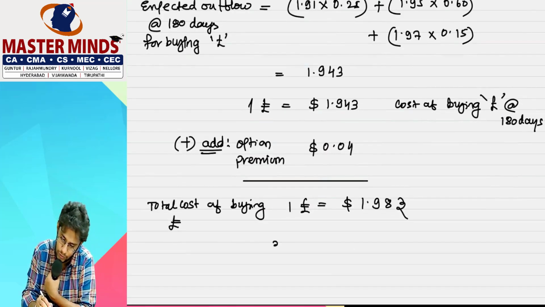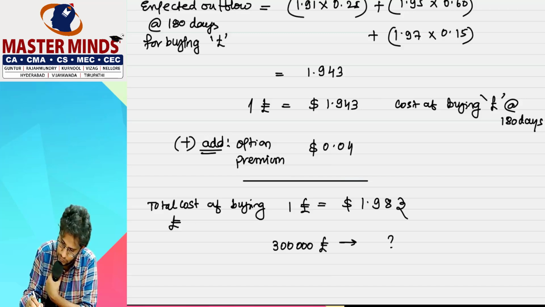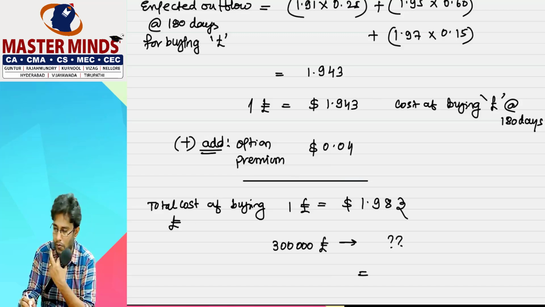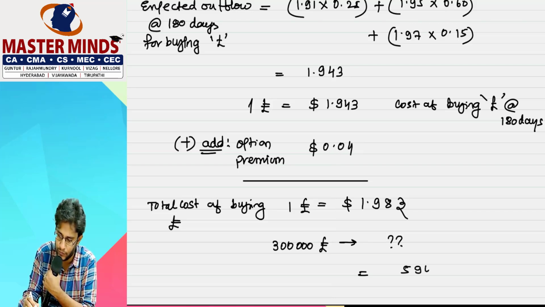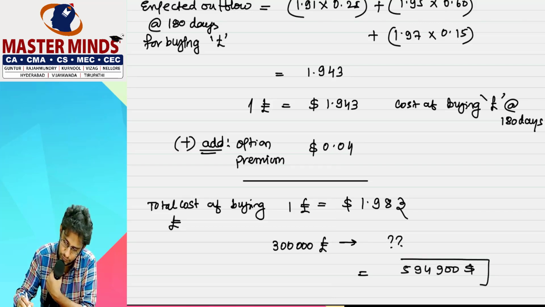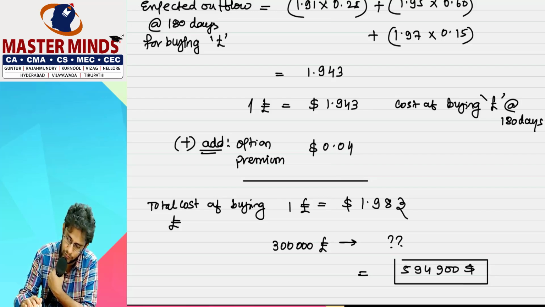That gives $1.983. How many pounds do you have to buy? 3 lakh pounds. So multiplying this, 594,900. What is this? Dollars. This is your ultimate outflow.